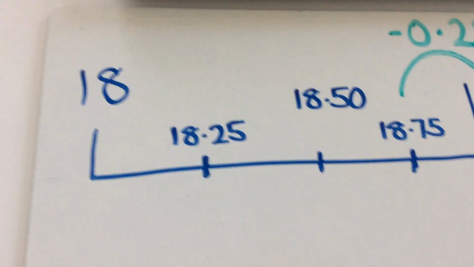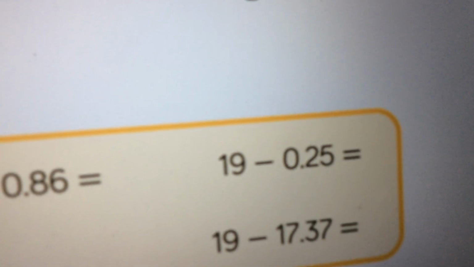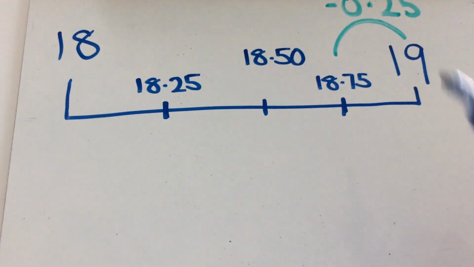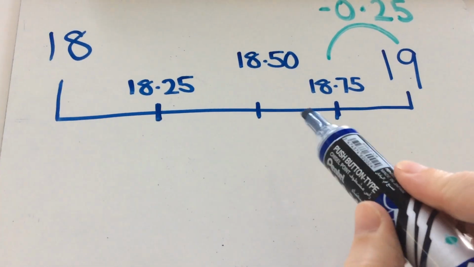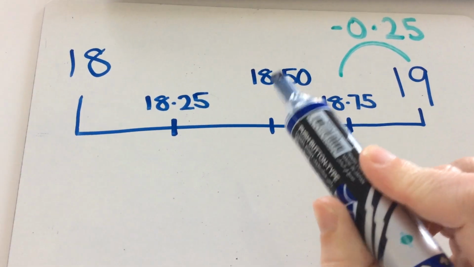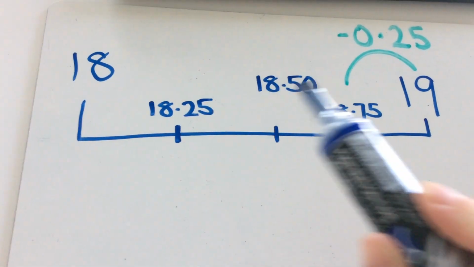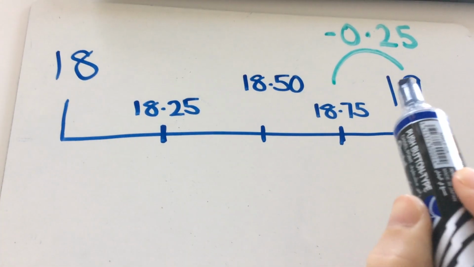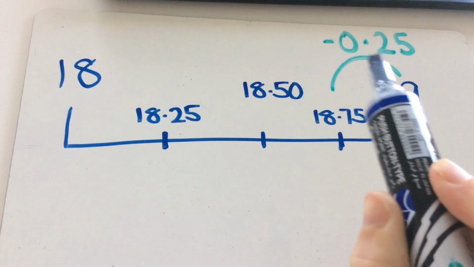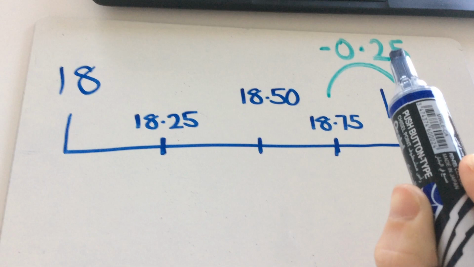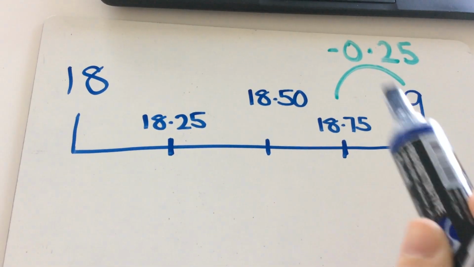Now for the subtraction one, doing this one here where I've done my 19 take away 0.25. So here's my number line, and I've divided it up into jumps of 0.25 each time, and I've popped those in there. Then if I'm subtracting 0.25, it's 1 jump.